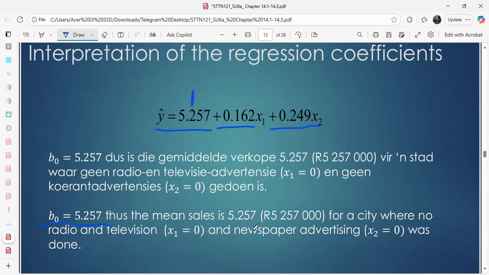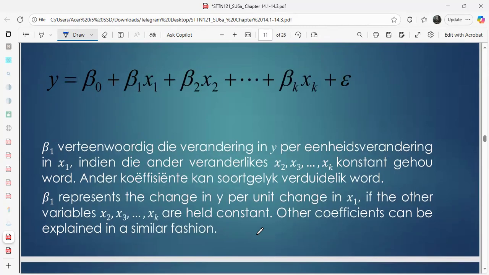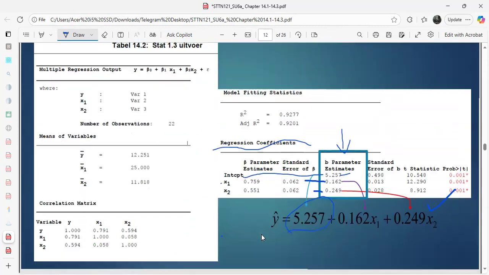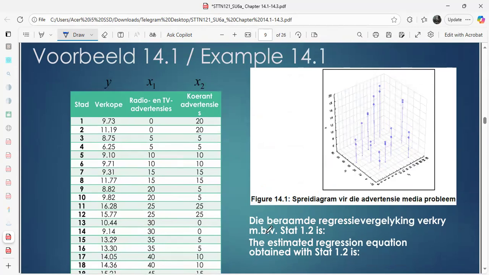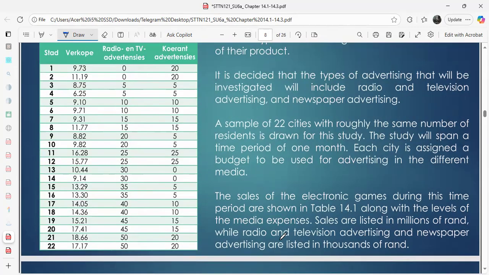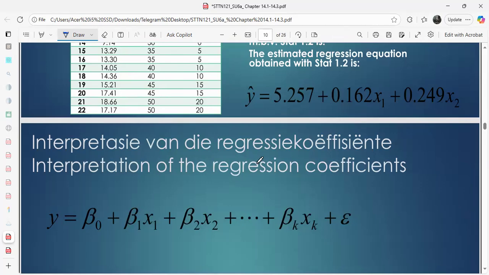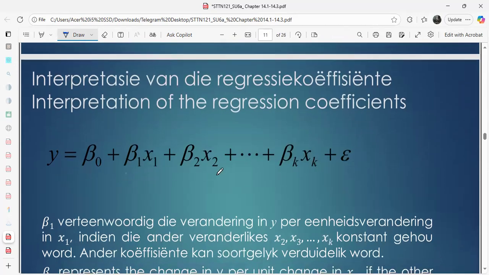You would be given a statement, the information that you'll be given. So when you interpret, you look at the value and also the information that you are given.